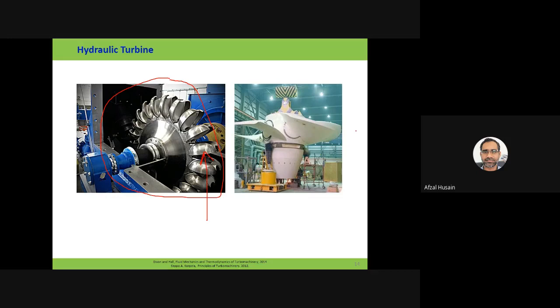And if you see which machine can produce the most power from a single unit, it is a hydraulic turbine. Across the world they are installed in huge sizes, and apart from nuclear power production, they are producing most of the power in the world, these hydraulic turbines.